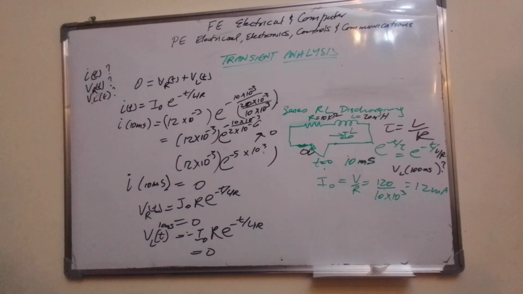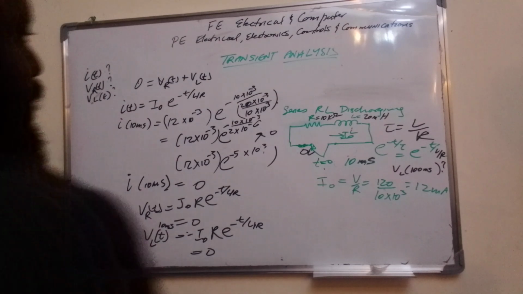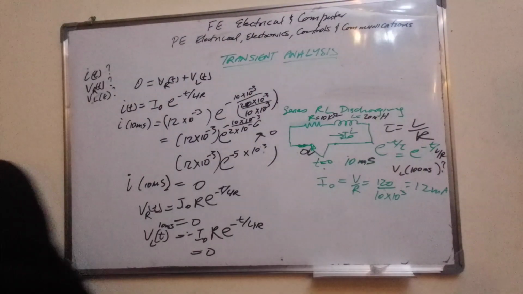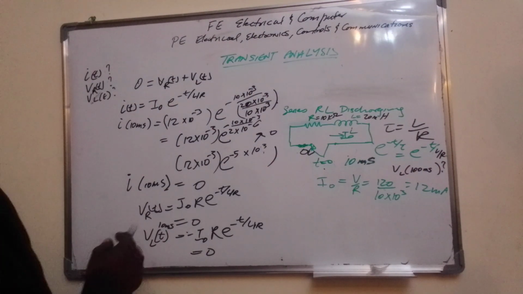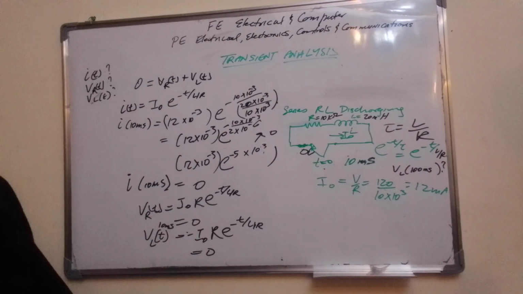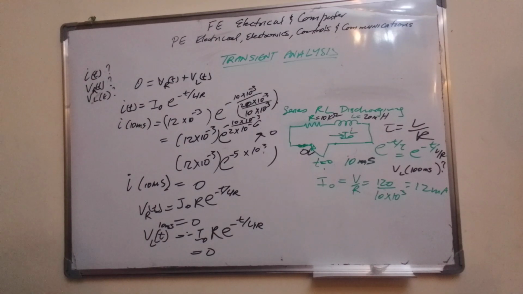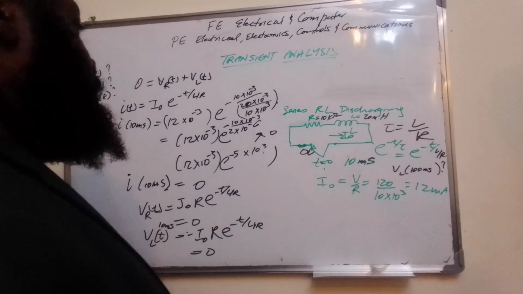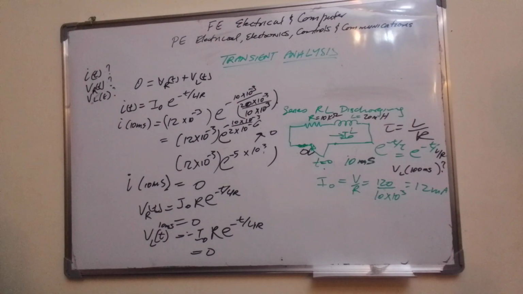Don't mistake it for a charge situation. What this is saying is that after 10 milliseconds, the system will already have discharged through the resistor. It would have already taken away all the power, already burnt out through the resistor. So that's why the voltage across the resistor and the voltage across the inductor at that point would have been 0, because this is a discharging situation, right? So that actually makes sense.